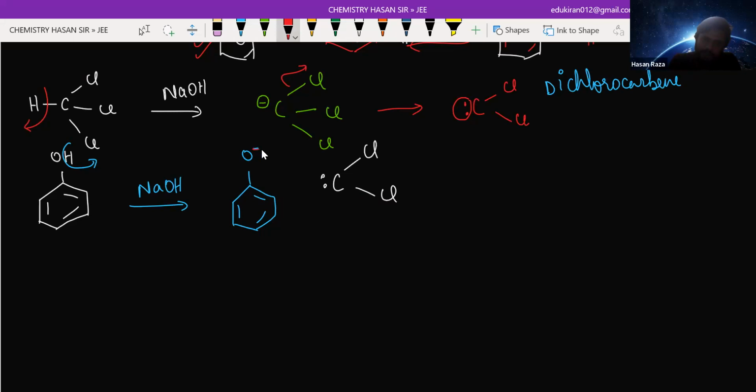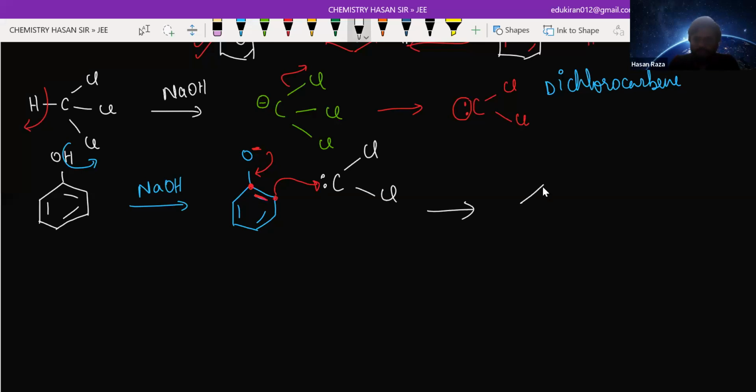This is in conjugation, so there will be resonance, like this oxygen and carbon will have a double bond. Now if this carbon forms a double bond, there will be pentavalency of carbon, which is not possible. So this carbon will attack this chlorine and this double bond will be broken, so that there will be formation of a double bond between oxygen and carbon easily.